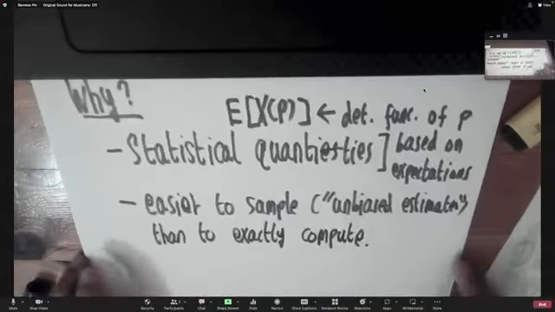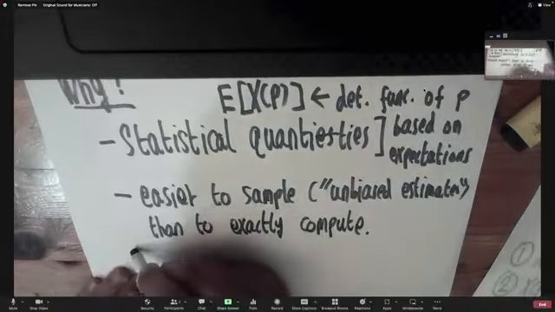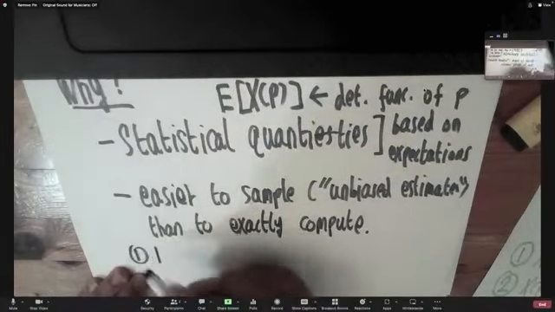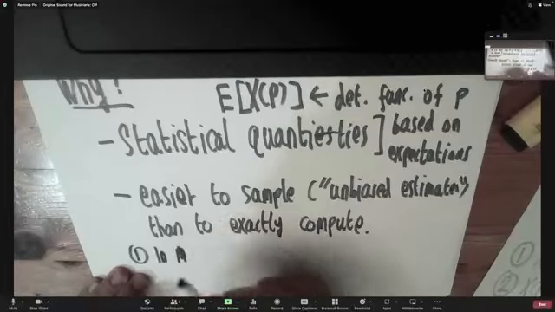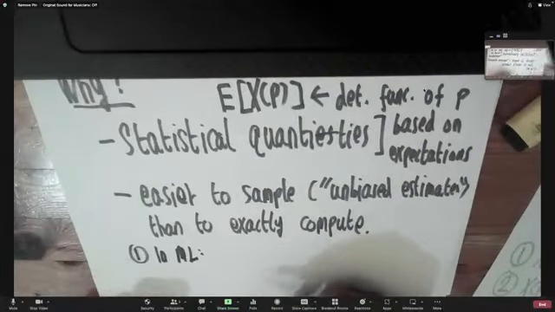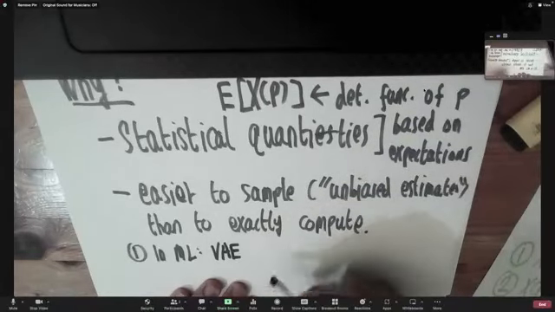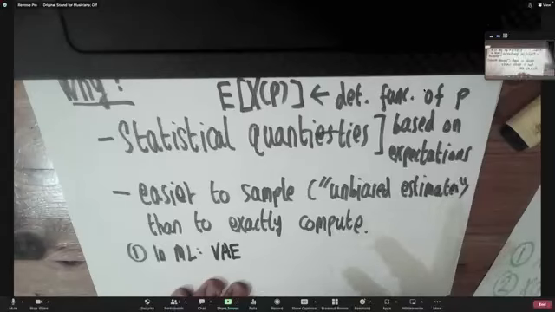Yeah, so then maybe I'll also give some more concrete examples. One example is in deep learning, in ML, there is this very popular architecture called the variational autoencoder, or VAE. And this architecture has randomness baked into its model.